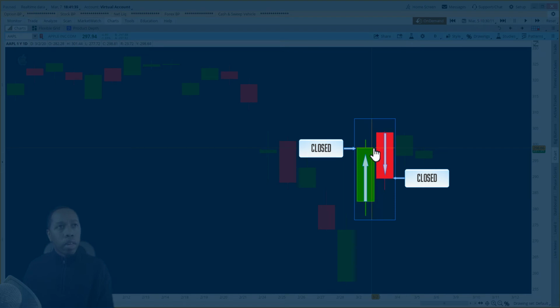The next day it closed lower, down here at 289 and 32 cents. From 298 and 81 cents to 289 and 32 cents, that's why it's bearish, because it's lower than the previous session.